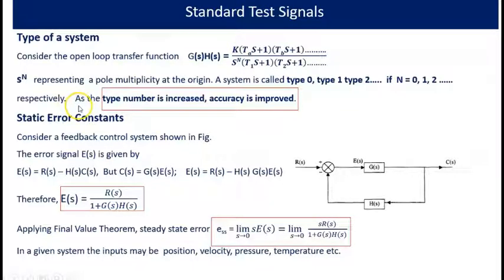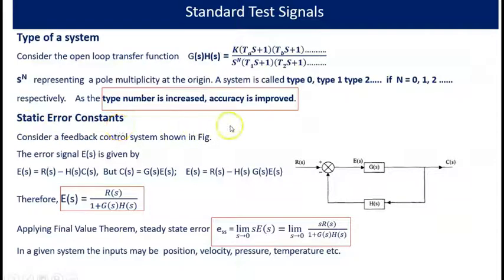And as the type number is increased, accuracy is improved. Remember this. We can prove this later. And in order to determine the accuracy of the system, we have to study some error constants, known as static error constants.